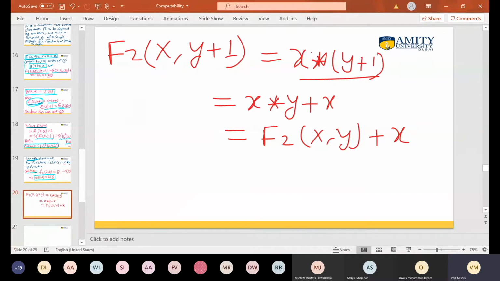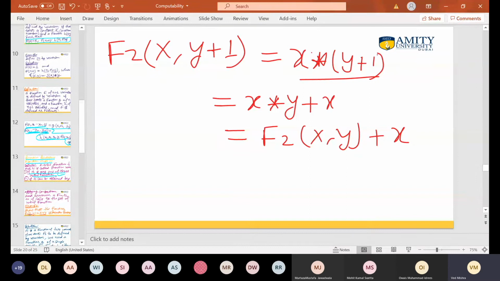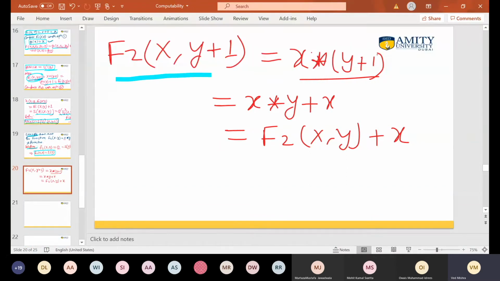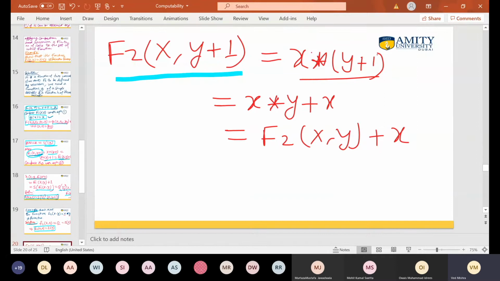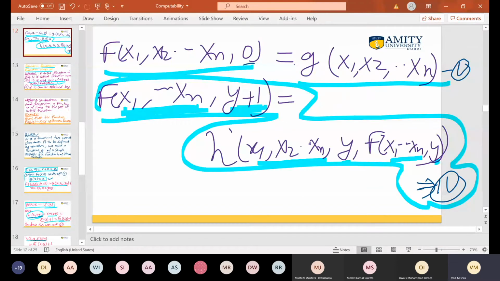Yes, sir. So once you got this, compare this with equation 2. Compare this left hand side. Compare this thing with your equation 2 x y plus 1.